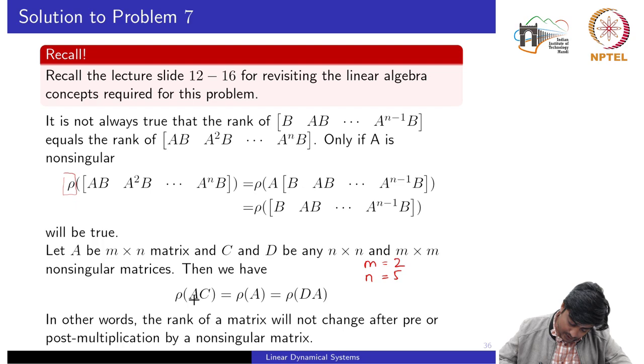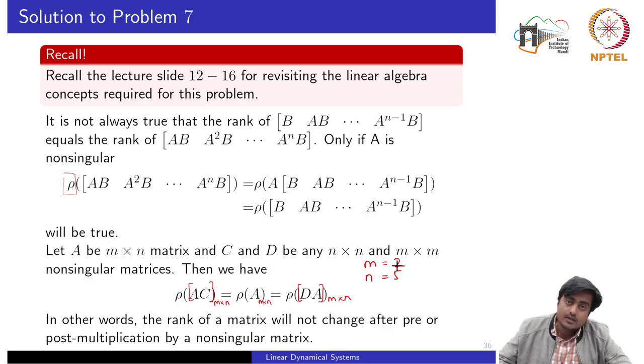Now the dimension of this AC matrix would be m cross n, because A is m cross n and C is n cross n. Your DA matrix would also be of dimension m cross n. Yes, it would have the same dimension as AC, and A is m cross n.